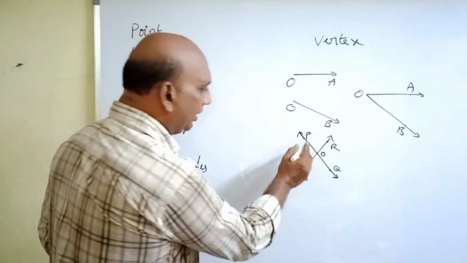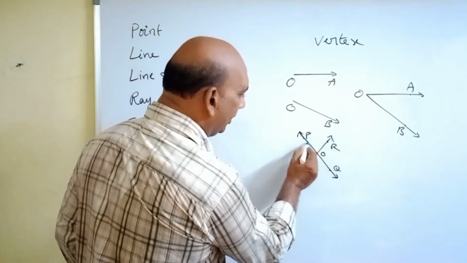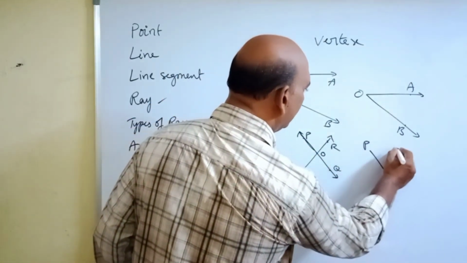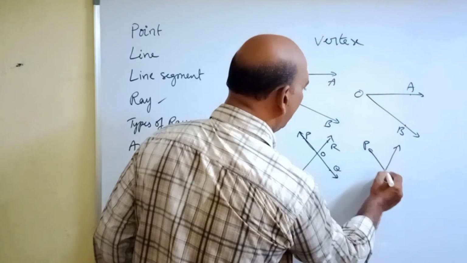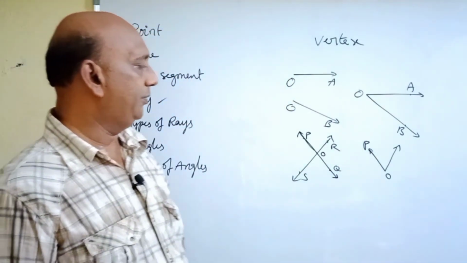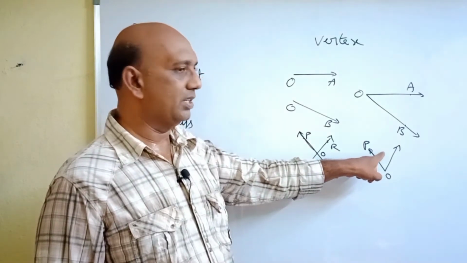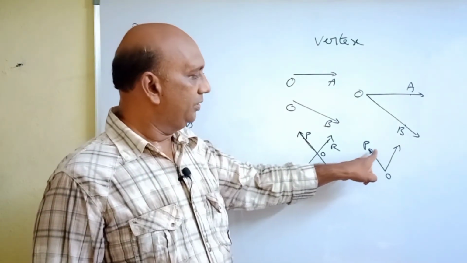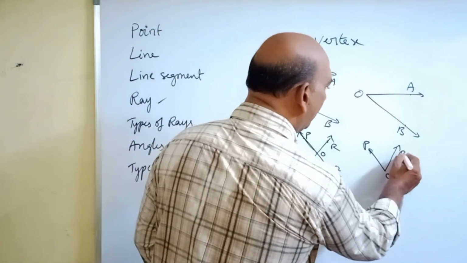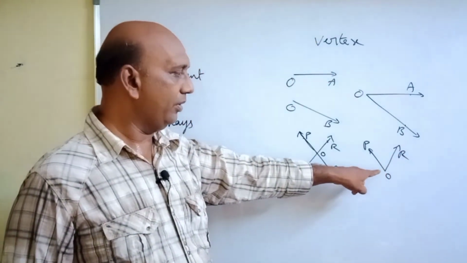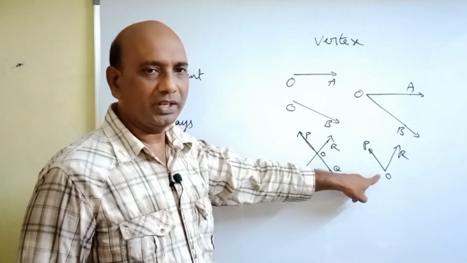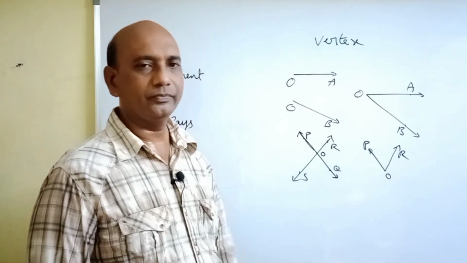And POR, if you take this figure separately, POR. If you draw this figure separately, these two rays, OP and OR, have a common endpoint O. So this is called the vertex of those two rays.